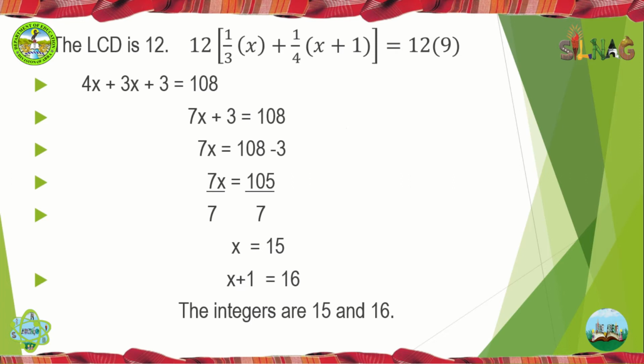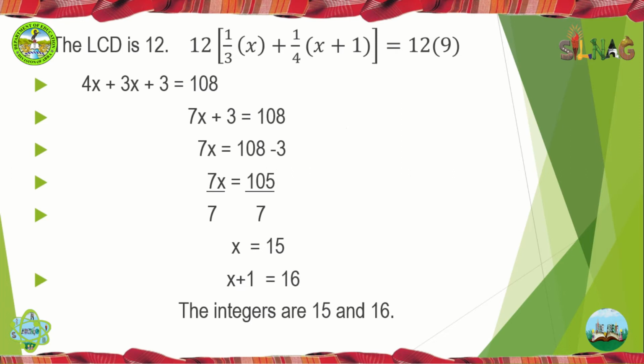12 times 1/3 of x is equal to 4x because 12 divided by 3 is 4 times x is 4x. Then 12 times 1/4 times x plus 1 is equal to 3x plus 3 because 12 divided by 4 is 3 times x is 3x.